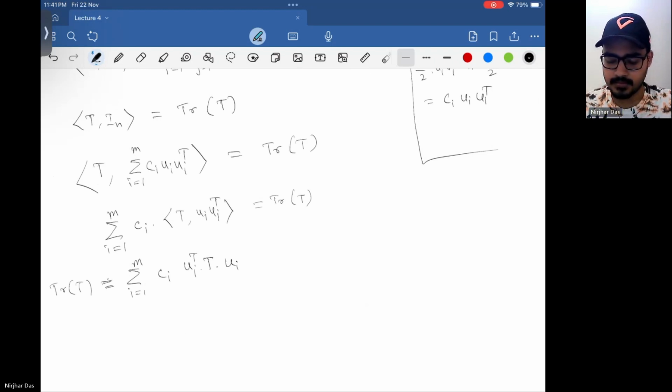And now what we have is this equality. Now what can we say about the values of this whole thing?